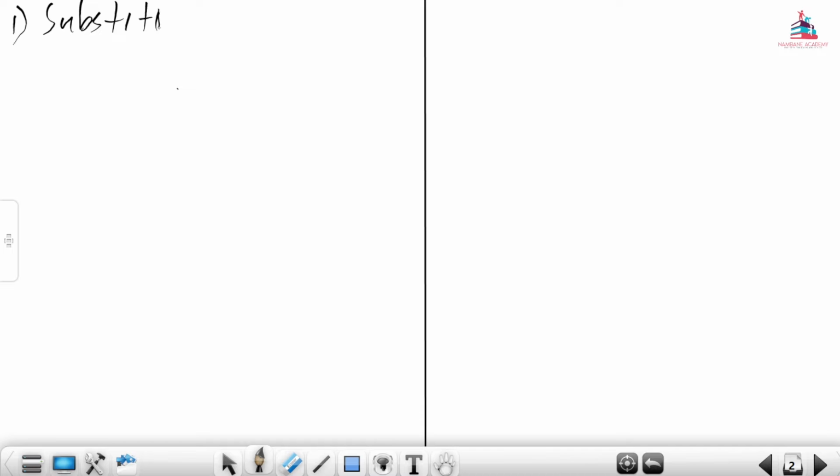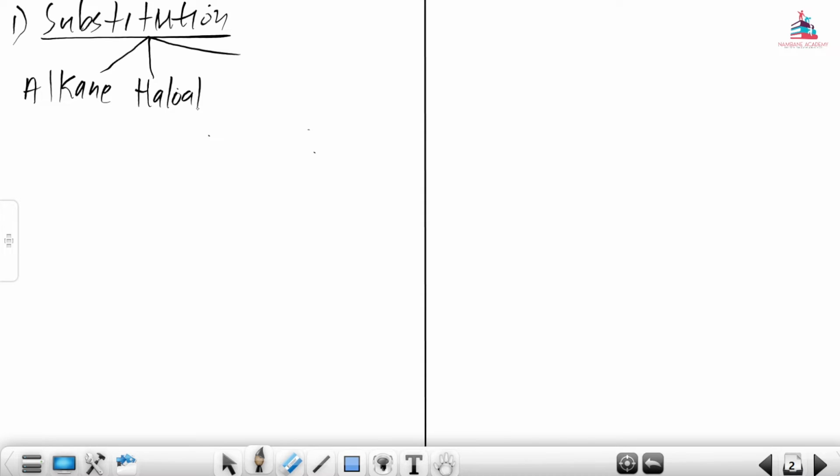Substitution. With substitution, we said we can have substitution of an alkane, substitution of a haloalkane, and substitution of an alcohol.